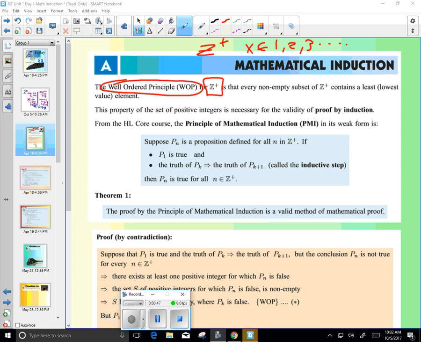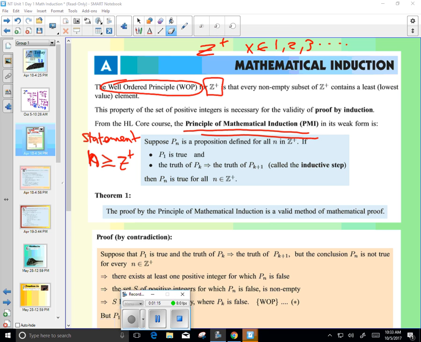What the math induction proof is doing is giving us some statement, and we're saying it's true for k, or n in this case, greater than or equal to some value in Z plus. Let's say it's 1, or let's say it's 0. We would never say negative 1, because we're looking at the positive ones.